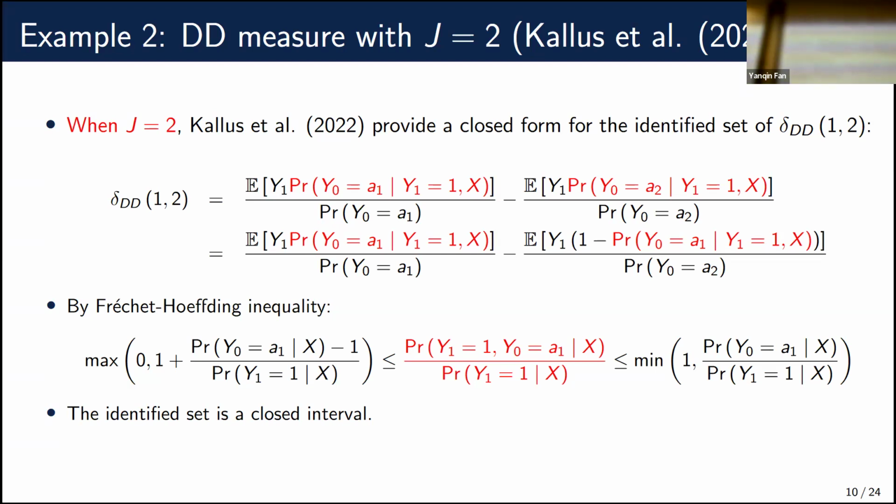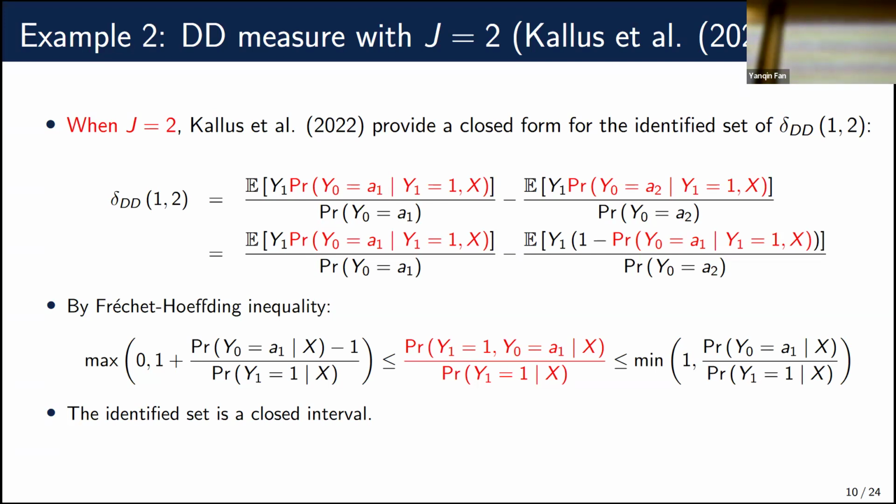Now we can write this conditional probability as a ratio between the joint and the marginal, and then we can use the Fréchet-Hoeffding inequality, a special case of the monotone rearrangement inequality, to bound this conditional probability.